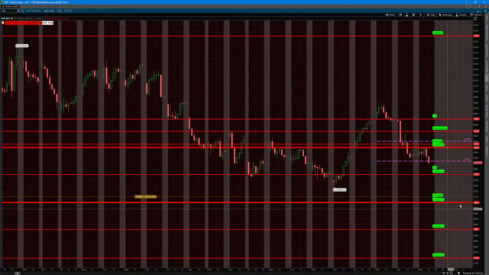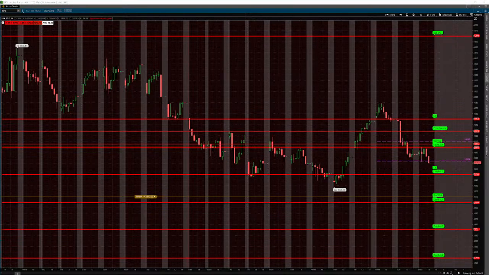Look at the levels on the charts. This is SPX, just showing price and levels, and these levels are from Spotgamma, updated daily. This is provided in a Think script to Spotgamma subscribers, showing the key levels. There's the put wall, and I'll talk more about these levels in a minute.